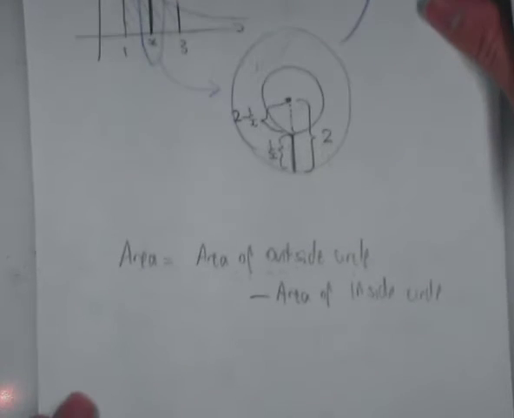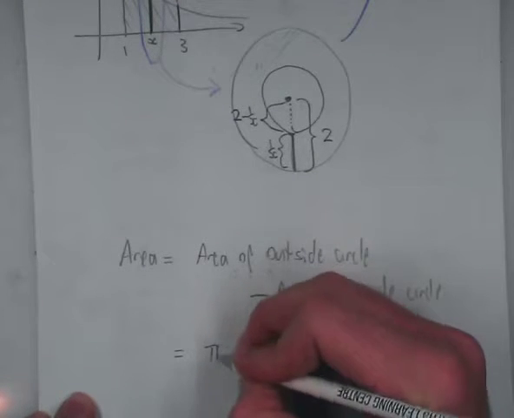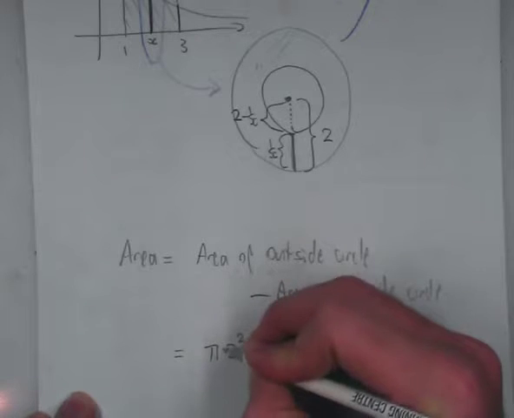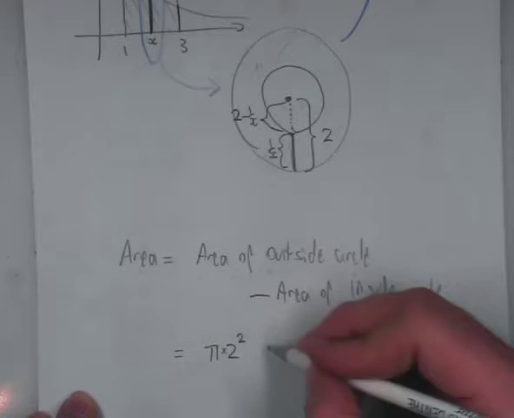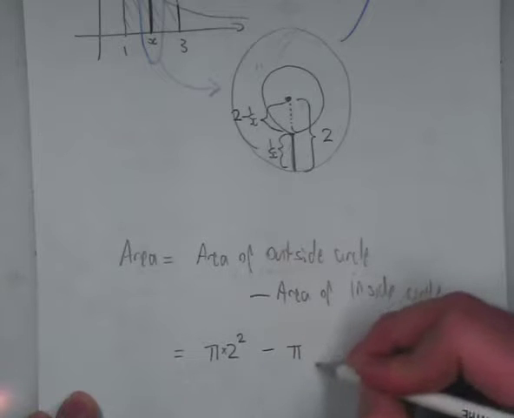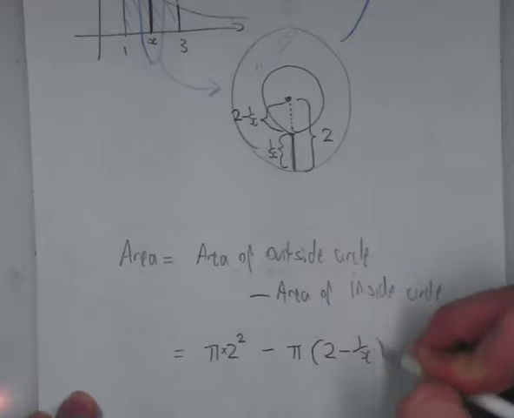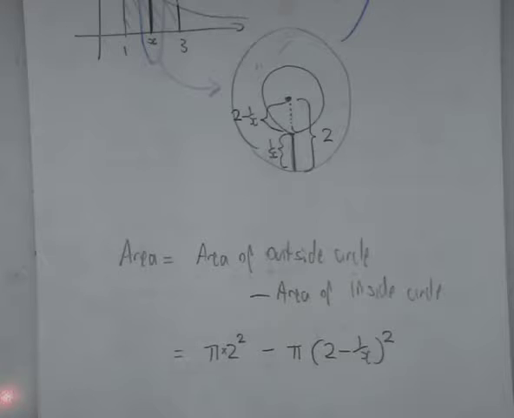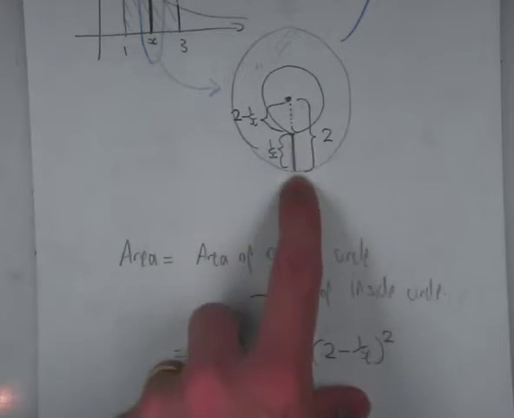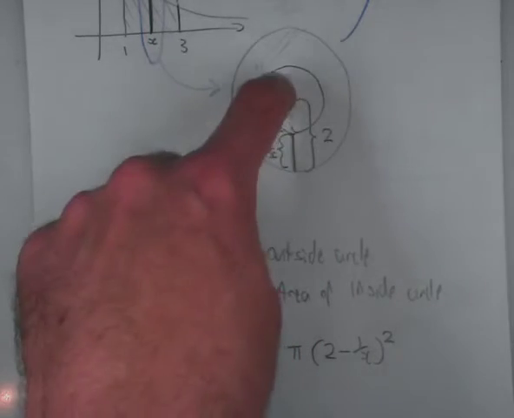So the area of my outside circle is pi times its radius squared. And the area of my inside circle is pi times its radius squared. This length here isn't the radius of a circle, it's that length and that length.